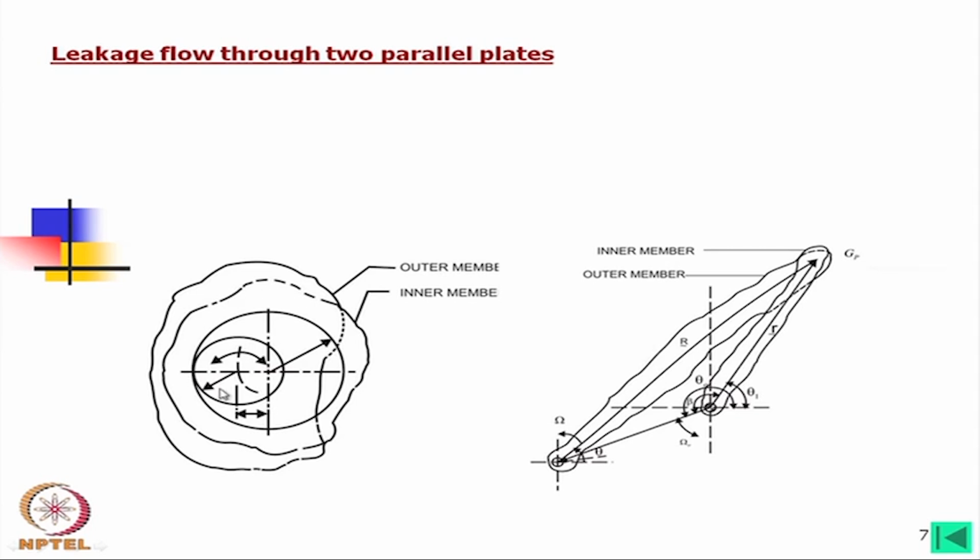Say this plate is moving with respect to this point: one is the rotation about its own axis, the other is that it is revolving about this axis.